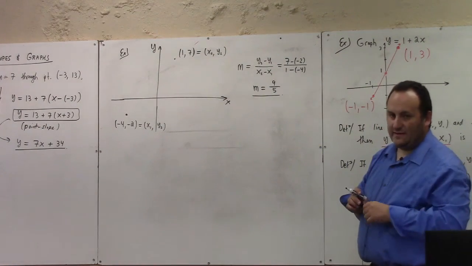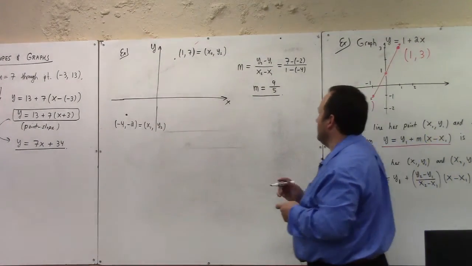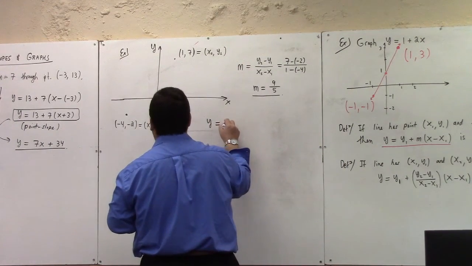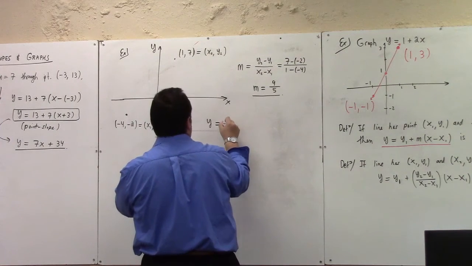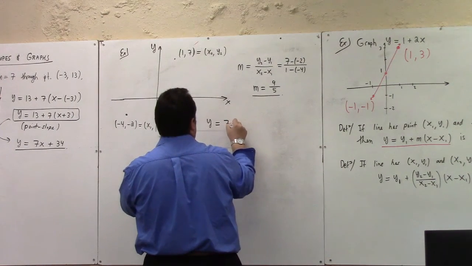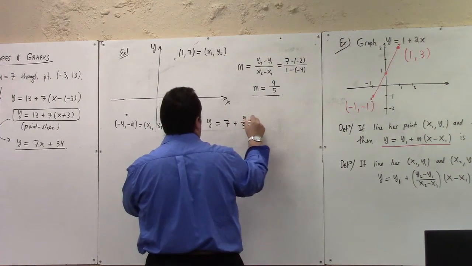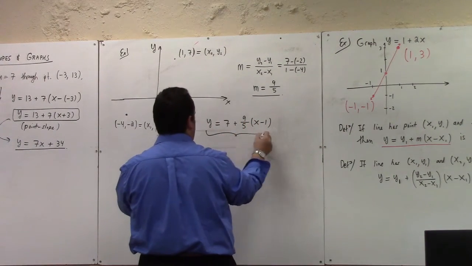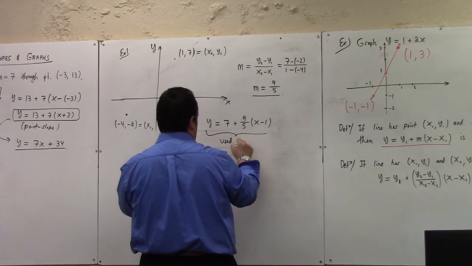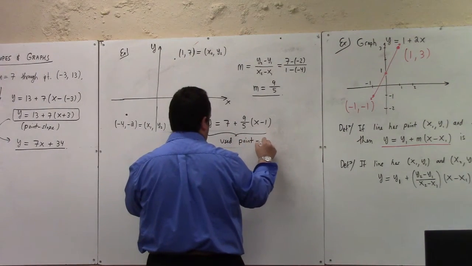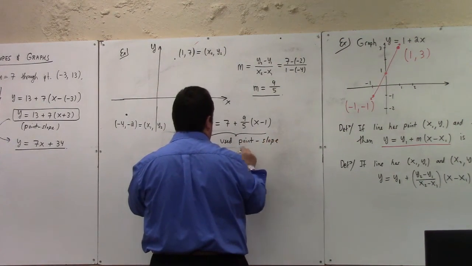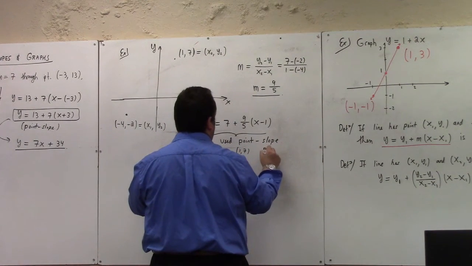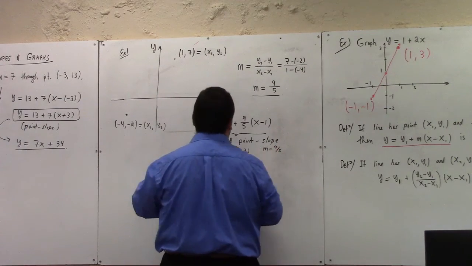And then we could go back to point slope if we wanted. So y equals 7 plus 9 over 5 times x minus 1. I use point slope because I know that the point (1, 7) is on there, and I know that the slope is 9/5 because I already calculated it.